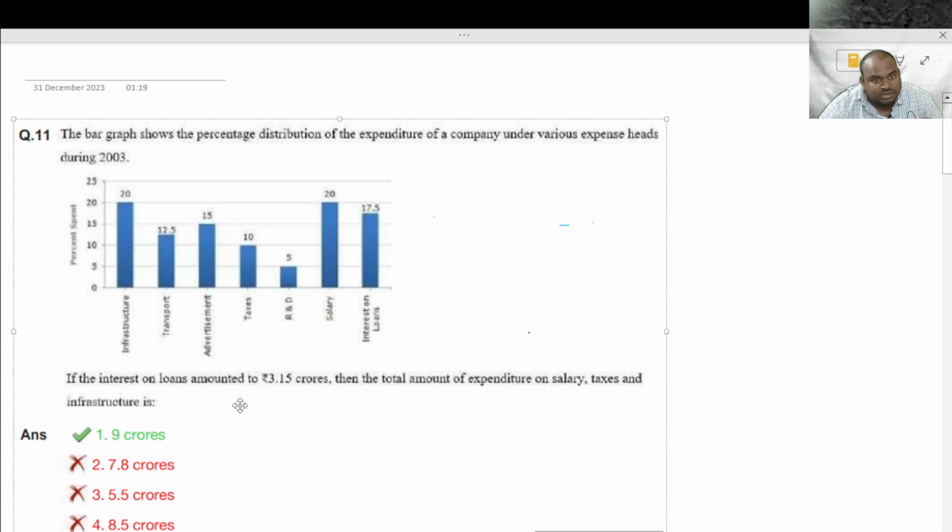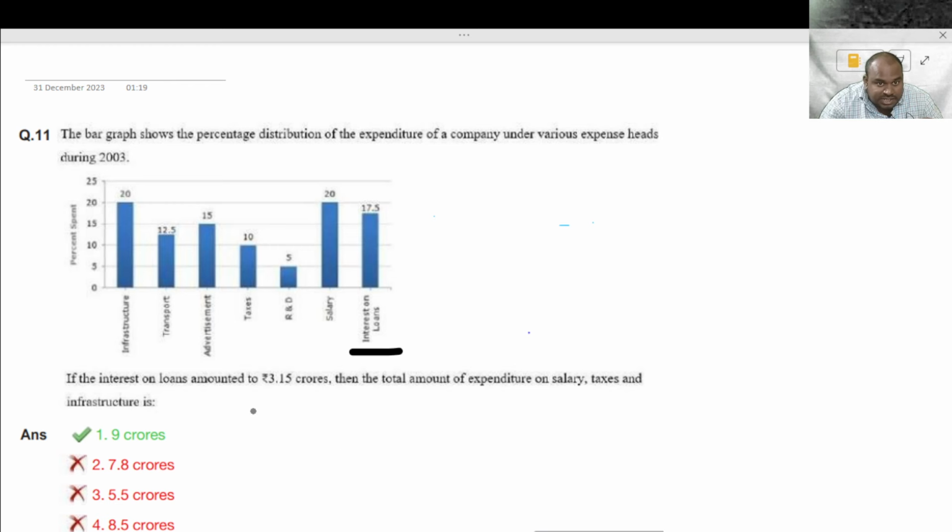If the interest on loans amounted to 3.15 crores, look at where is interest on loans, the last one. The interest on loans is nothing but the last one, this one. So interest on loans is given as what? It is given as 17.5%.